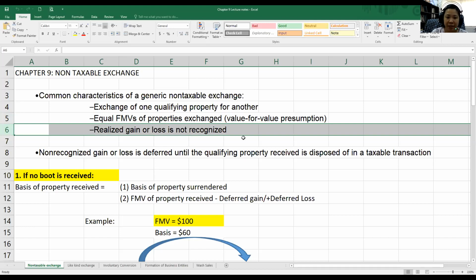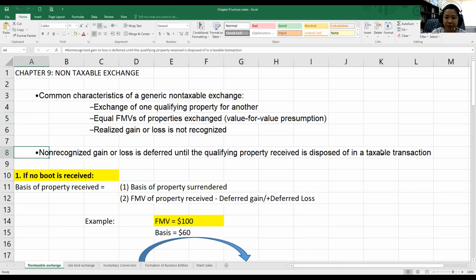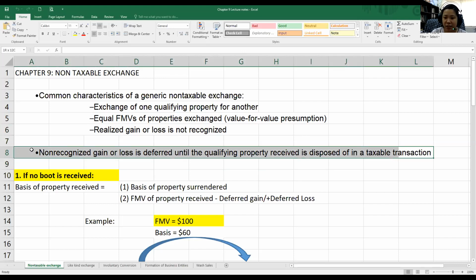But if you sell the property later in a taxable transaction, then the non-recognized gain or loss will be deferred until this qualifying property is disposed. It means if you sell this property later in a taxable transaction, then you have to recognize the gain or loss and pay tax on that.